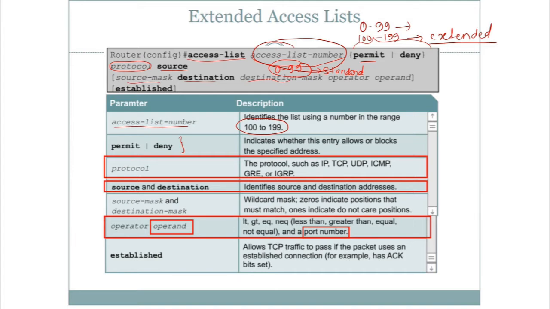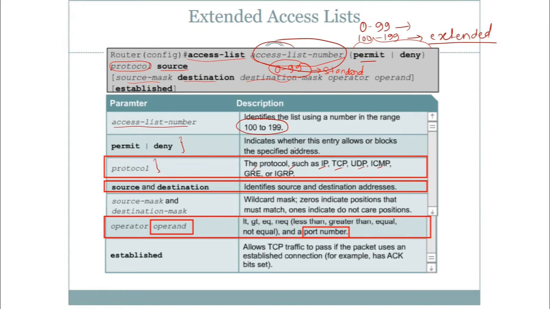If you deny it, then obviously that will be blocked. After that, we can give the protocol number. Basically we can have IP, TCP, UDP, or ICMP. Every protocol has a specific number, so you can choose accordingly, and you can permit or deny based on the protocol numbers. It's like segregating the traffic based on the protocols as well.